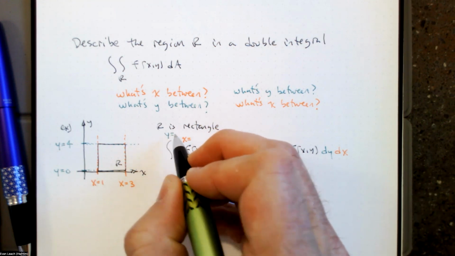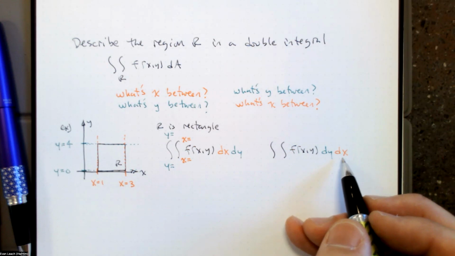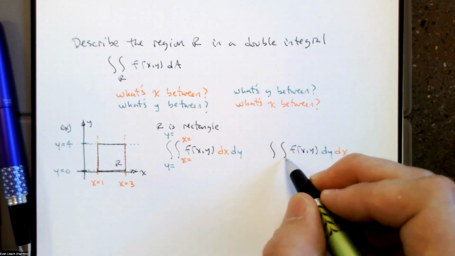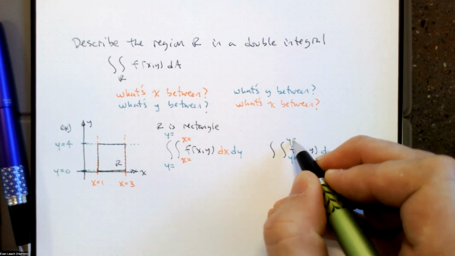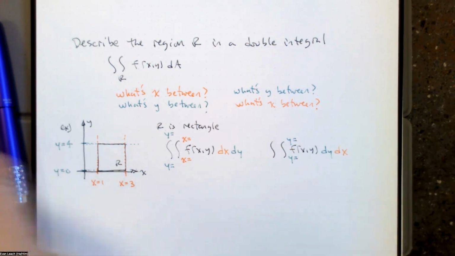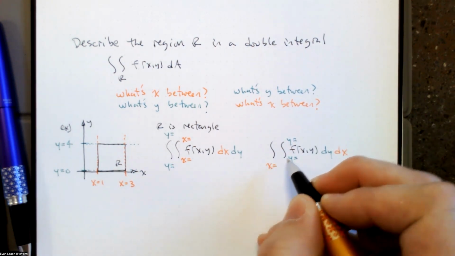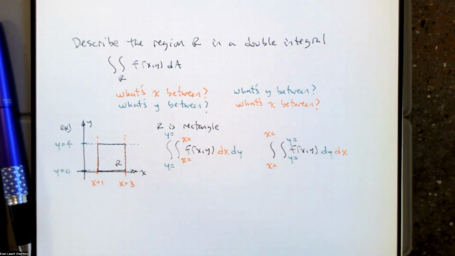That's where we're going to describe what y is between. In our dy dx integral, dy is closest to the function, so the integral closest to the function is our y integral. What's y between? And our dx integral is outside or last, and that's going to be what's x between. We've got to be all organized in how we set things up.